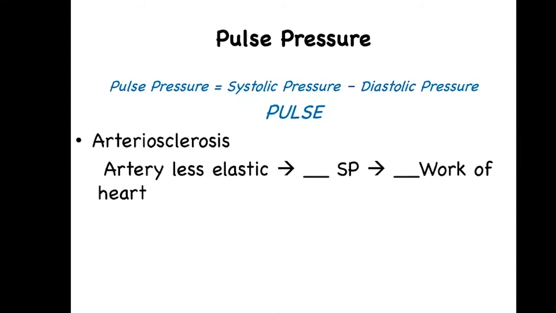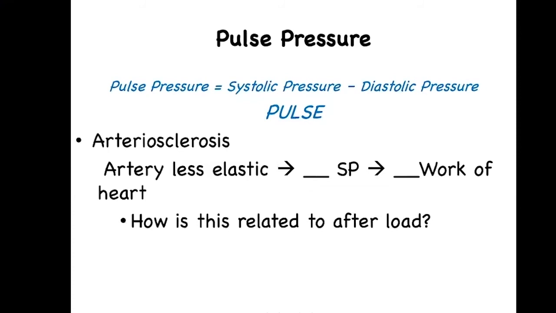If systolic pressure goes up, this is going to increase the work of the heart. I want you to try to figure out how this is related to afterload. Stop the video and try to answer this question.